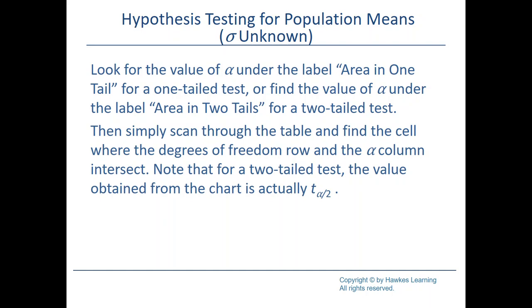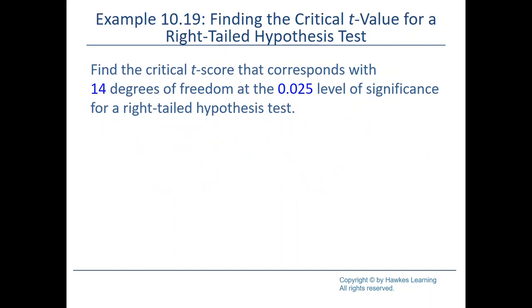When we scan through, you will find the cell where the degrees of freedom row lines up with the column that intersects that alpha. Again, do note that for your two-tail test, the value obtained from the chart is actually T alpha over 2, so keep that in mind.